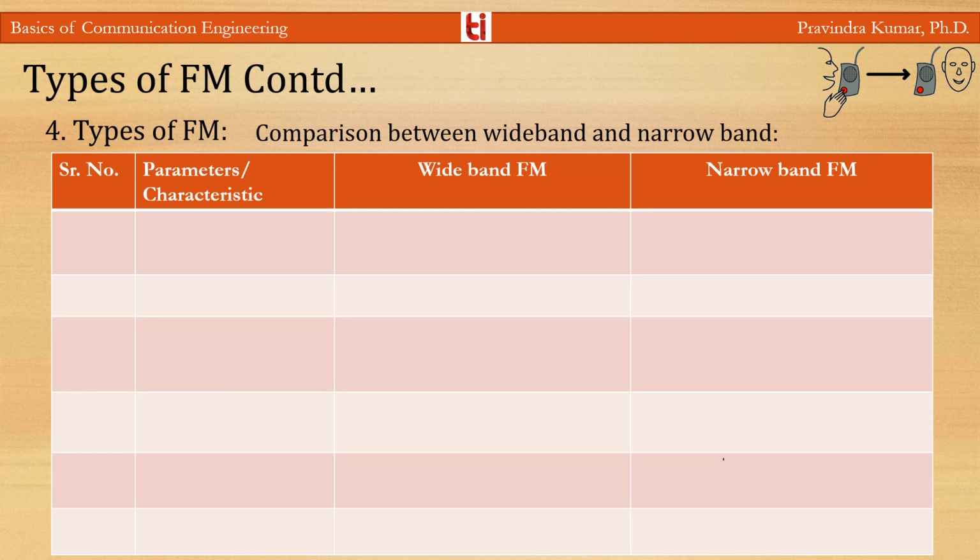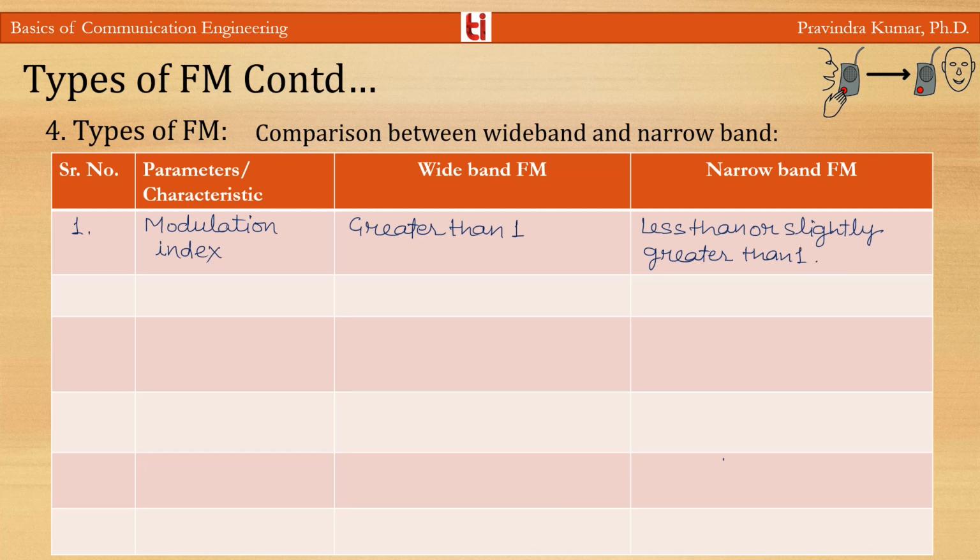Now we will go for the comparison between wideband and narrowband. The modulation index for wideband is greater than 1, and for narrowband the modulation index is less than or slightly greater than 1, but in wideband it can be much greater than 1: 2, 5, 6, 8, 10, anything. The maximum deviation in wideband is 75 kilohertz, and in narrowband it is 5 kilohertz.